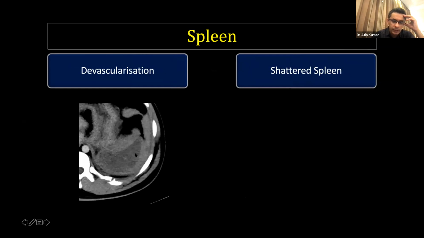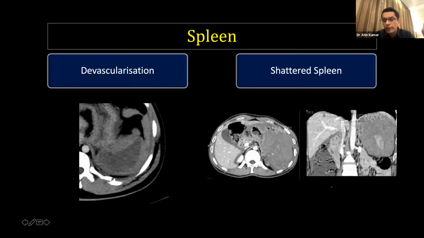If the entire spleen is not enhancing, or even a part of the spleen is not enhancing, there are different grades given to it. This is almost grade 5, and the entire devascularization, or even a shattered spleen, is grade 5. You almost do not see any part of the parenchyma. Only a patchy part of parenchyma is seen, with a large hematoma surrounding and involving the entire spleen. This is grade 5 splenic injury.